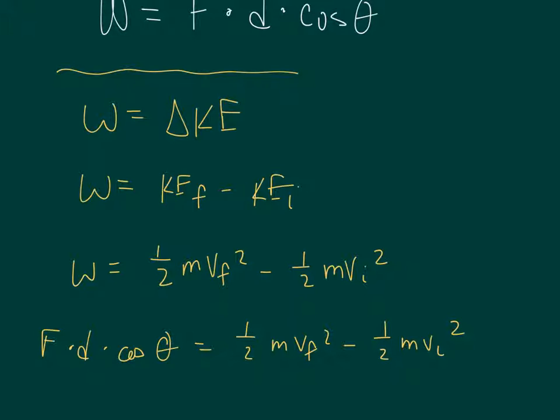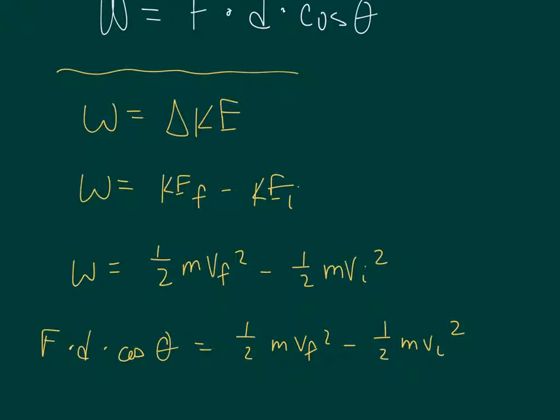When is theta 0? Theta is 0 when you're pushing what? Anybody know? When is theta 0 in this case? When you're pushing in the same direction as its motion. When your force is applied in the same direction as motion, theta is 0. That's usually some sort of a horizontal push or pull.